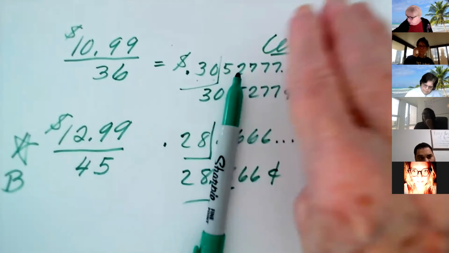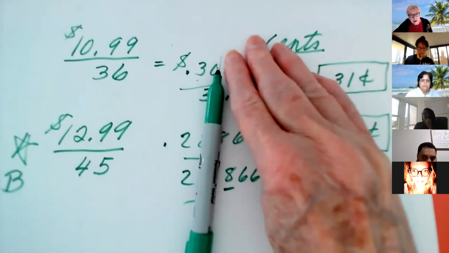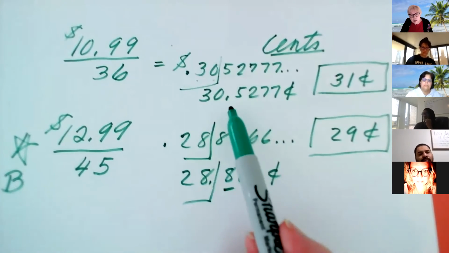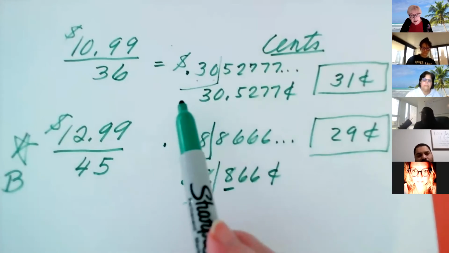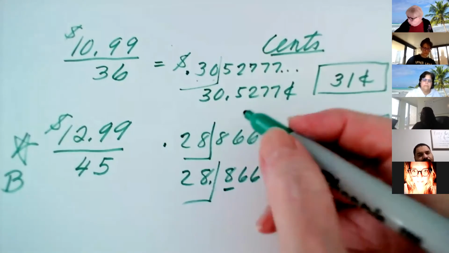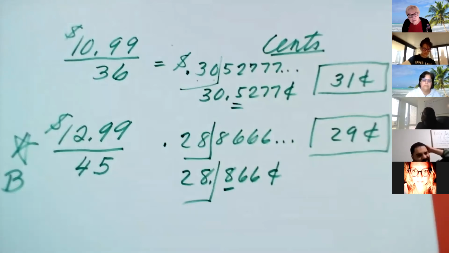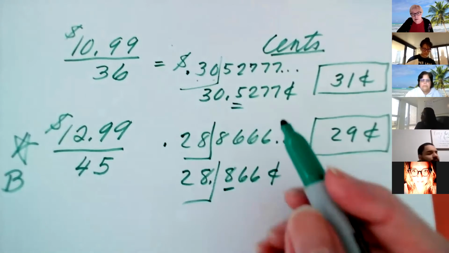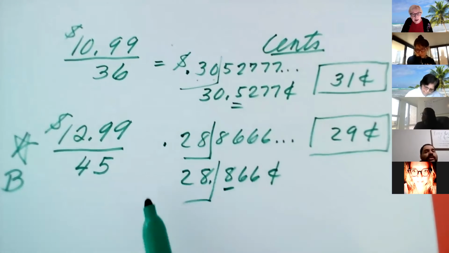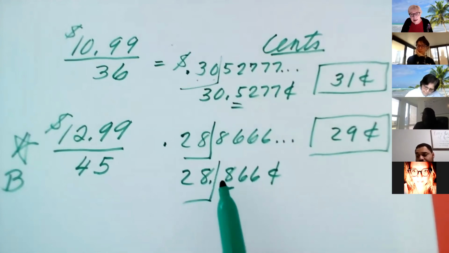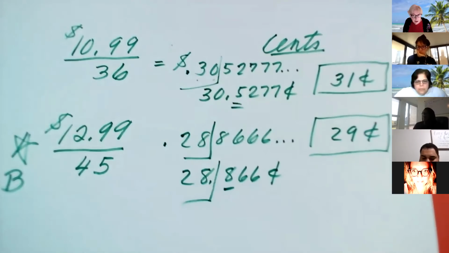But I saw this, when I looked at it, as 30 cents. So I put my decimal here, and then I copied the rest of the numbers and said cents, but I had far more than I needed. All I needed was this 5, because this 5 made my 30 cents go to 31 cents. Same exact thing I did here. The 8 made my 28 go to 29.